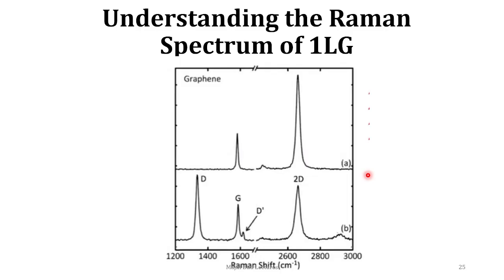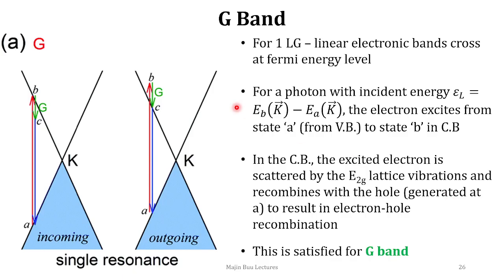Now, whatever we had discussed was some familiarization with the double resonance and the single resonance Raman process. However, the subsequent slides will actually connect them to the origin of the G band and the D band from a more electronic transition based perspective.